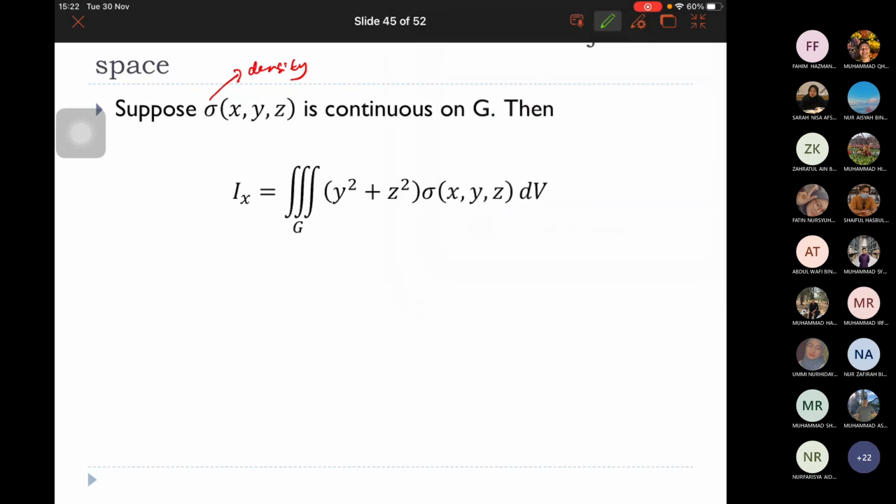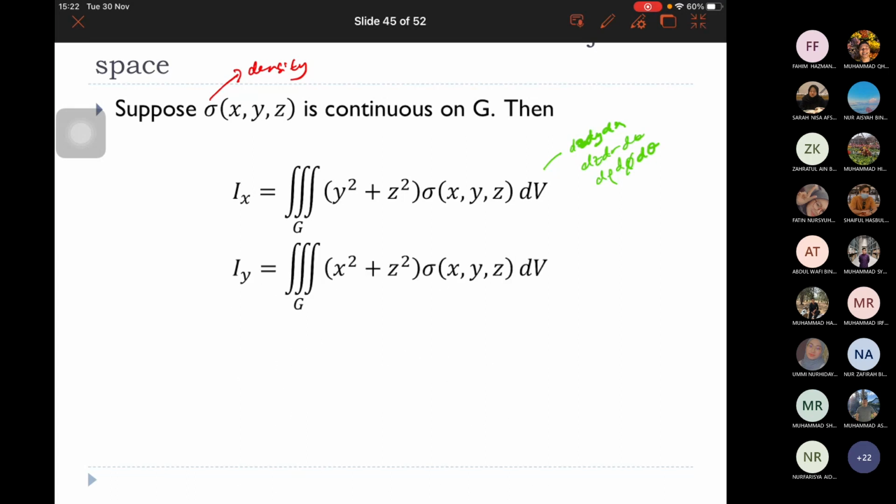The dV can be as before: Cartesian dz, dy, dx, or dz, dr, d theta, or d rho, d phi, d theta. This is the inertia about the x-axis.